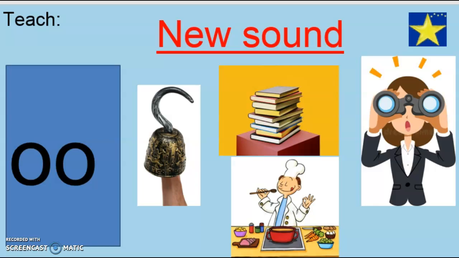Where did you hear the sound in each of those words? That's right, it was in the middle. So the oo digraph is a middle sound. Let's say them again and listen to the middle sound. Hook, book, look, and cook.